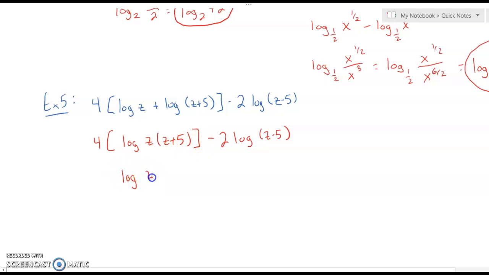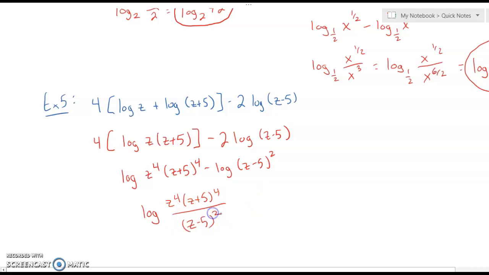Or not. I'm just going to write it as z to the 4th, z plus 5 to the 4th. And here I'm going to have minus log of z minus 5 to the 2nd. So condensing that down gives me log of z to the 4th, z plus 5 to the 4th, over z minus 5 to the 2nd. And I'm looking to see if there's anything I can do to simplify. And I'm not seeing it, so I think we're good to go on that particular problem.